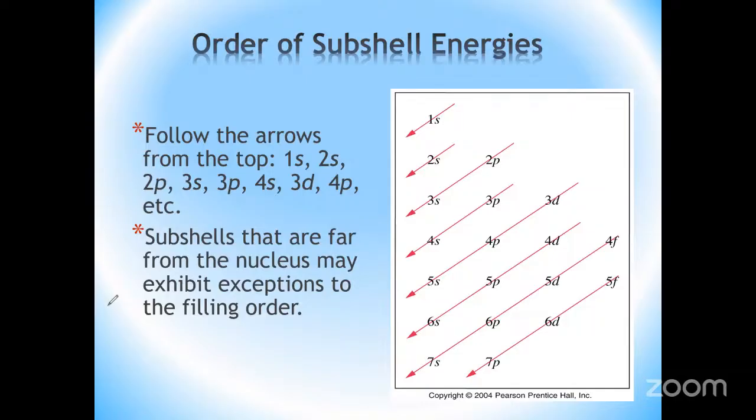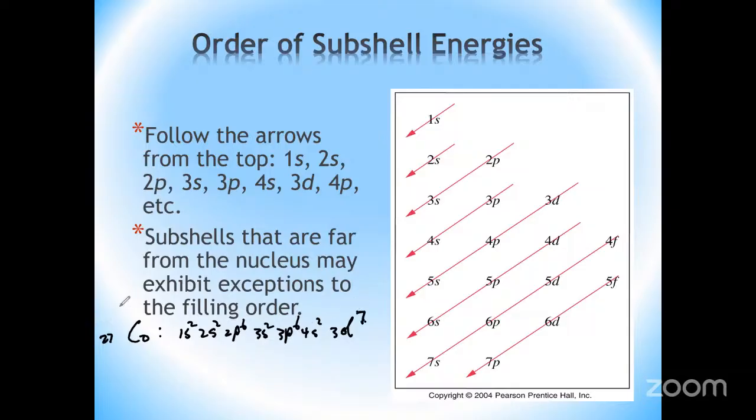For example, in the case of cobalt, the atomic number is 27. So I will do the full configuration, which is 1s2, 2s2, 2p6, 3s2, 3p6, 4s2, and then 3d7. That would be the full electron configuration of cobalt.